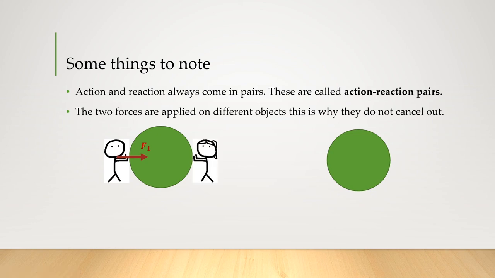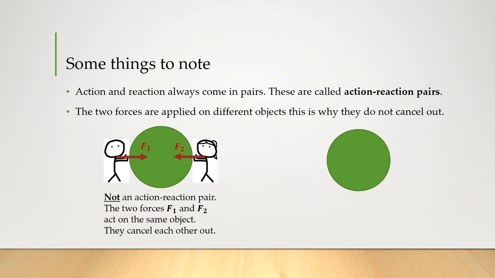And there's this lady who is pushing the object with force 2. This is not an action-reaction pair because forces F1 and F2 act on the same object. Okay, the receiver of the force is the same. So, hindi siya law of action and reaction. Plus, they can cancel each other out.